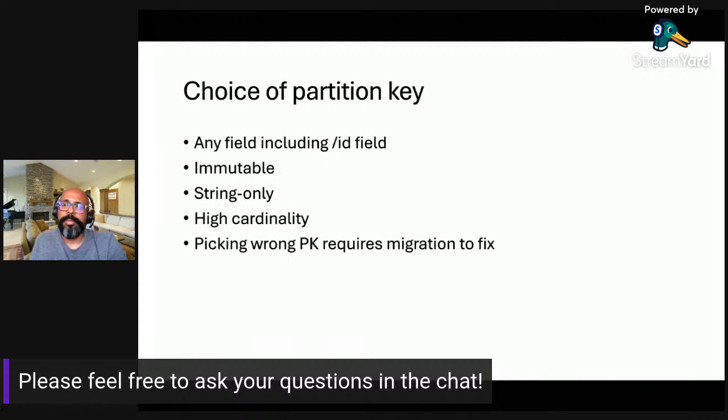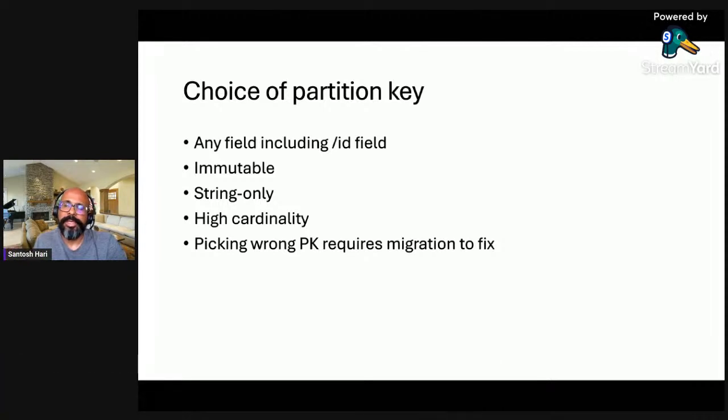So one thing to keep in mind before you proceed is that the choice of the partition key is very important. And the reason for that is the last one on this list, which is if you pick the wrong partition key, you will experience poor performance, and you may have to perform data migration using the correct partition key. You can use most partition keys, very flexible.